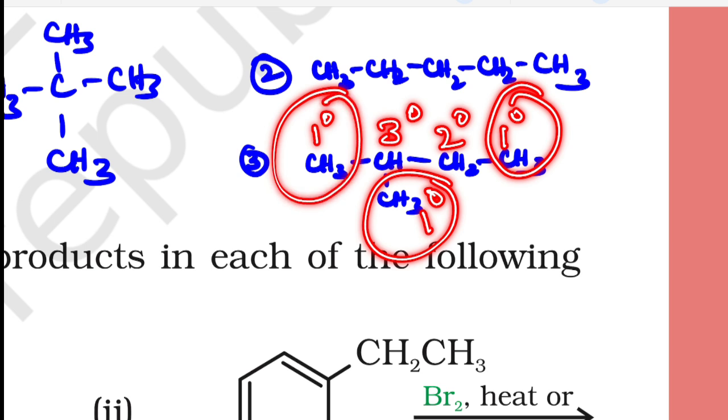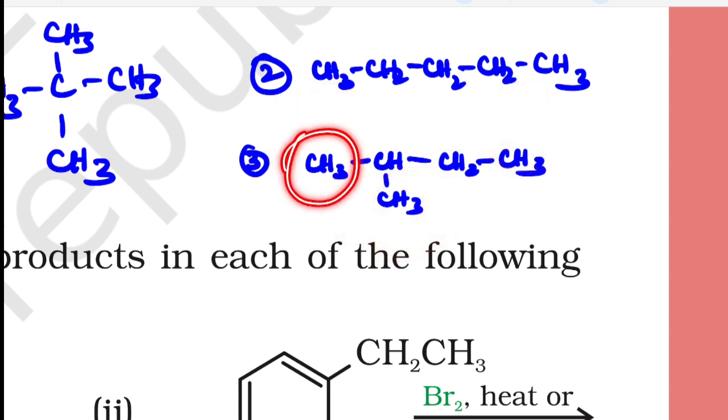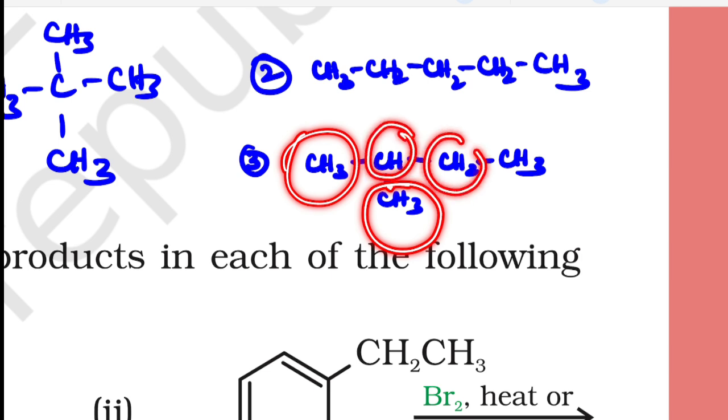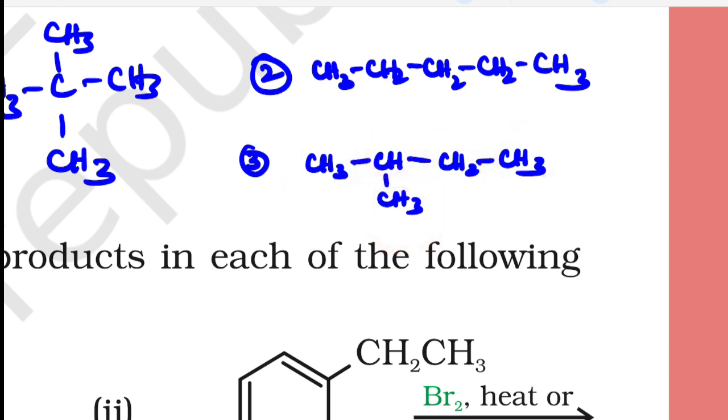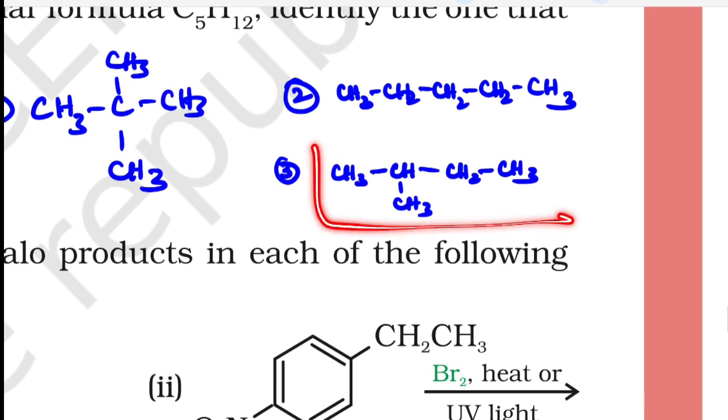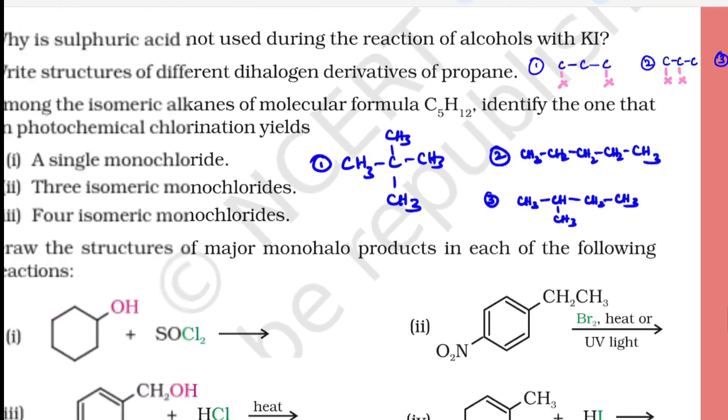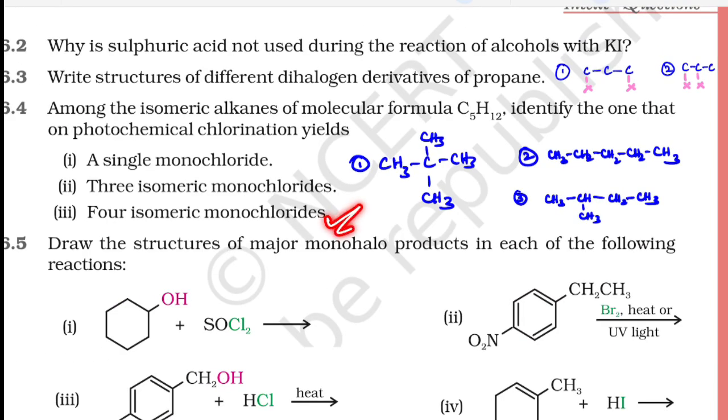Out of these 3 primary carbons, these 2 are the same because these 2 are attached to the tertiary carbon atom. So these 2 will be one type of hydrogen atom. This is the second type, this is the third type, this is the fourth type. So 4 different types of hydrogen atoms are there. Therefore, this will give 4 different isomeric monochlorides. So the answer for this will be this.